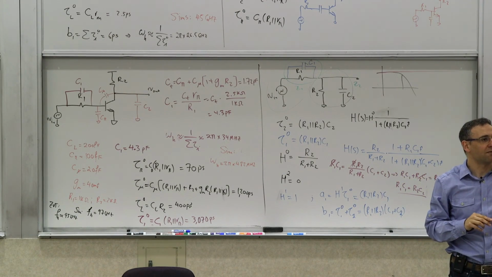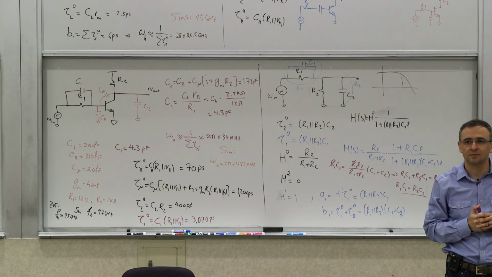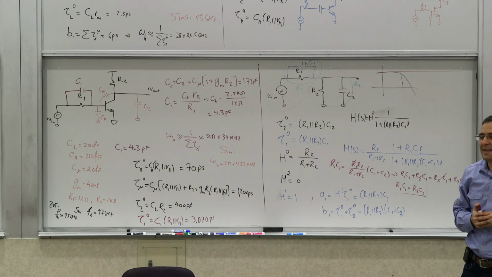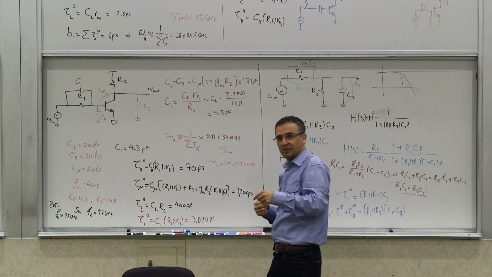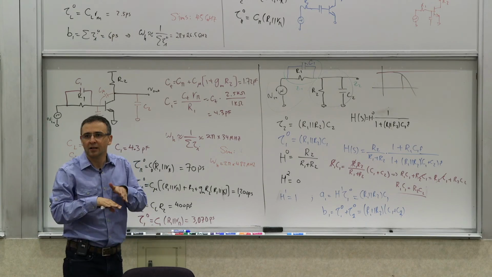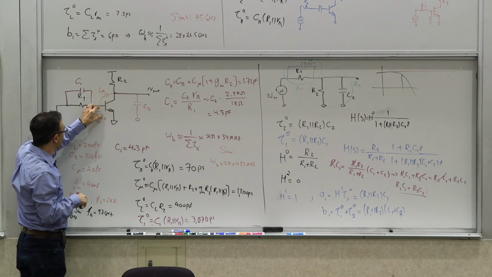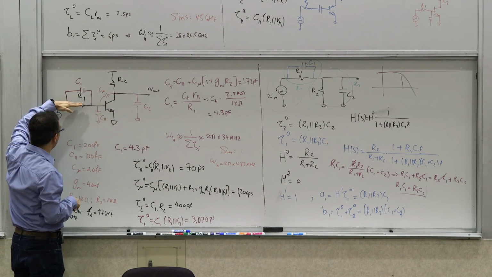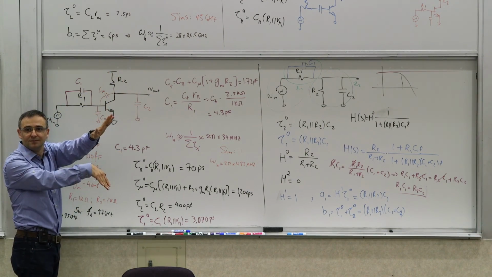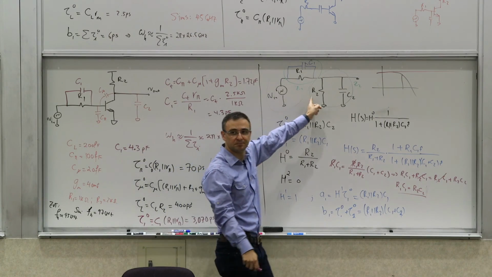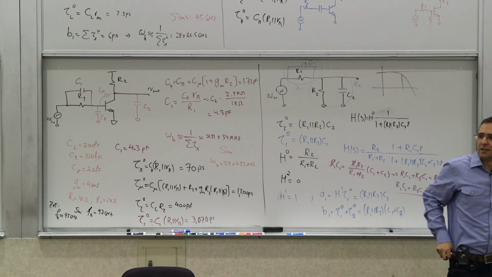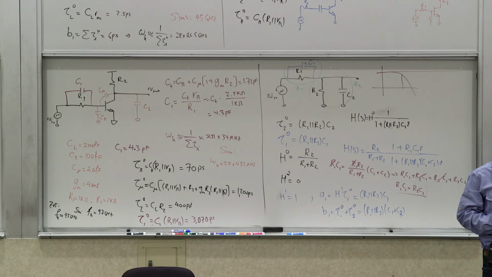So that's how I chose that value. And that's why the intuition that Richard mentioned earlier applies: as the gain of this guy starts dropping because of this dominant capacitance, this is picking up, which is the same intuition here. They're the same thing.